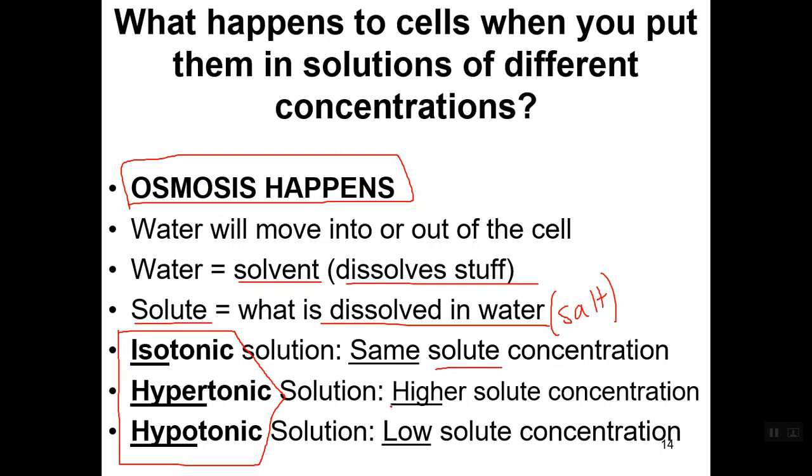The solution with the higher solute levels is hypertonic. Like if kids are hyper, they have a lot of energy, right? So if you're hypertonic, you have a lot of solute. If you're hypotonic, you have a low amount of solute. So let's see these three things in action.